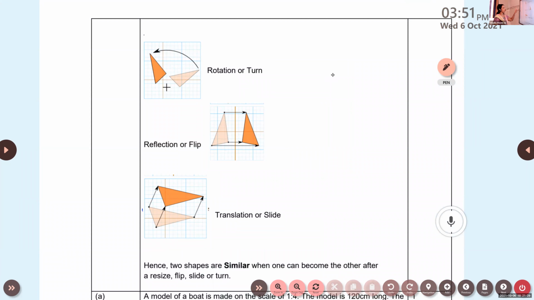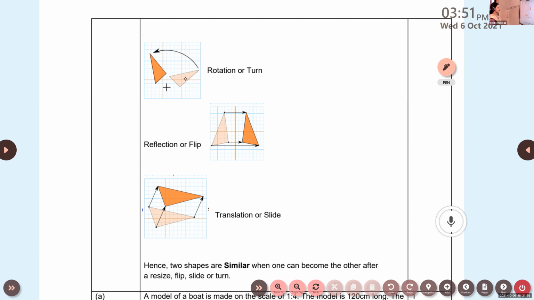When we rotate an object, initially it is like this, we rotate it, only the position gets changed. When you rotate the object, similarity will not change. It will not be affecting the similarity. Similarly, next one is reflection. It is otherwise called flipping. So if you flip it also, the similarity will not change.